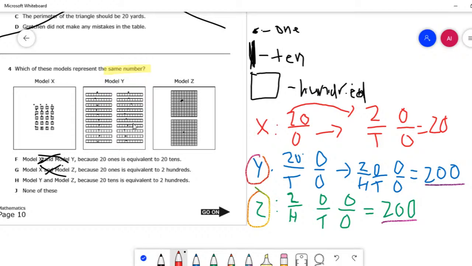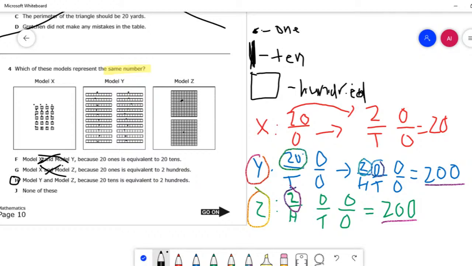We saw that model Y is showing us 20 tens, which we were able to convert into 2 hundreds and 0 tens, which is just like a placeholder. So what we proved while solving that problem is that 20 tens is the same as 200s. So that means that answer choice H is completely correct.